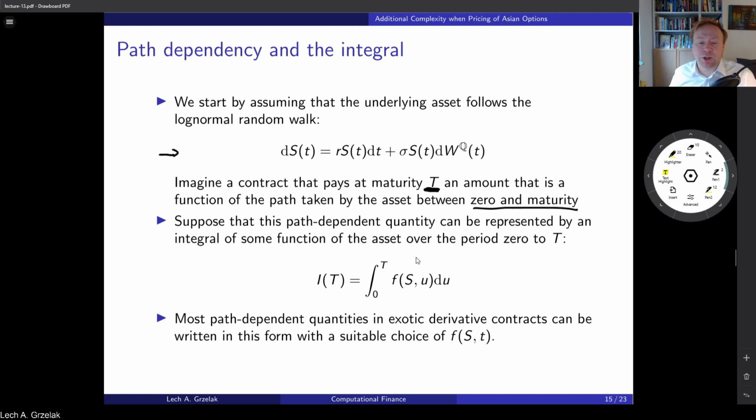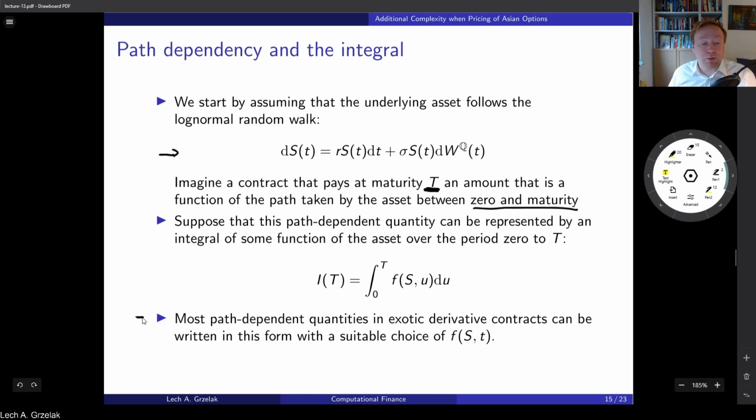In a previous slide, I was just the integral over S, but in a generic sense you can have an f of S(u). So here, for example, you could have S squared or whatever type of function of S you can imagine, but this is just a generic representation. This is how I would be included in the pricing PDE once we talk about the pricing of Asian options.